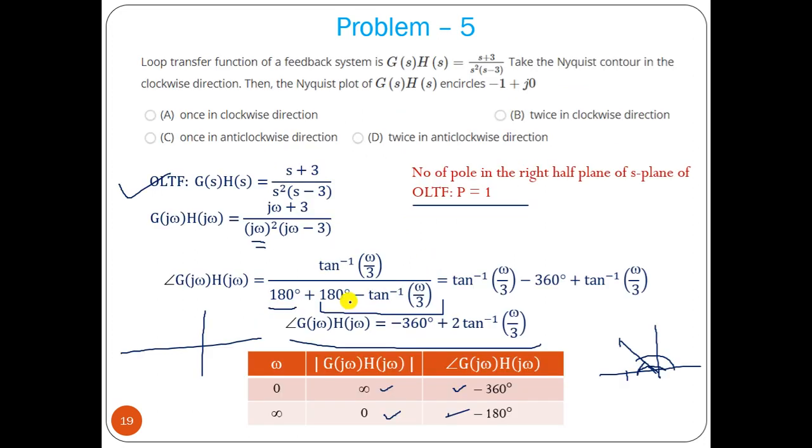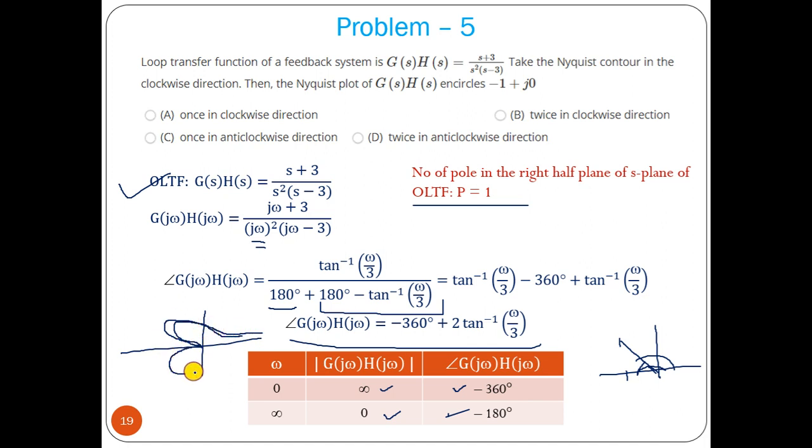So it is starting at minus 360 degrees and it goes to infinity, then it ends at the minus 180 degree line, from infinity to minus 180 degrees.